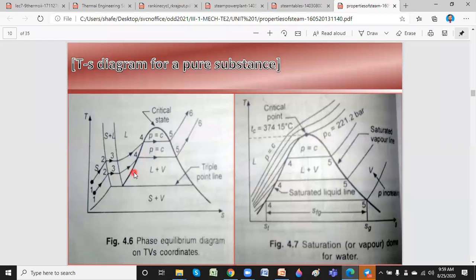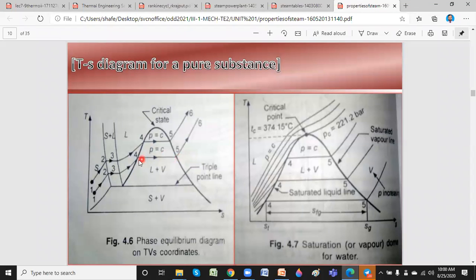If I assume that the water is at 100 degrees centigrade, 1 bar, this is the amount of latent heat, HFG, I have to give to convert it to Hg.